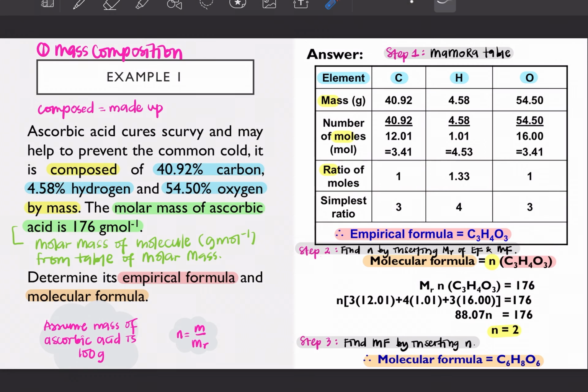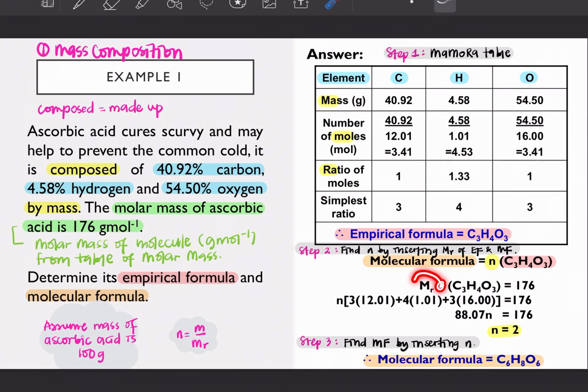So using this equation yang I showed you before, we are going to insert the molar mass of, what is this? Your empirical formula, equals to the molar mass of your molecular formula of ascorbic acid. So when you do that, awak masukkanlah.